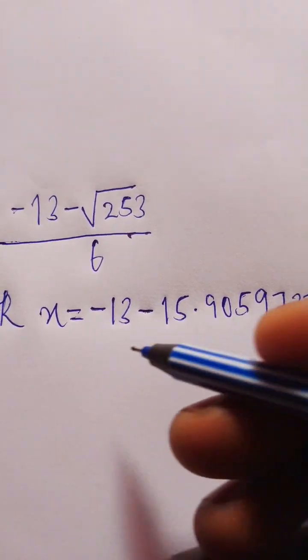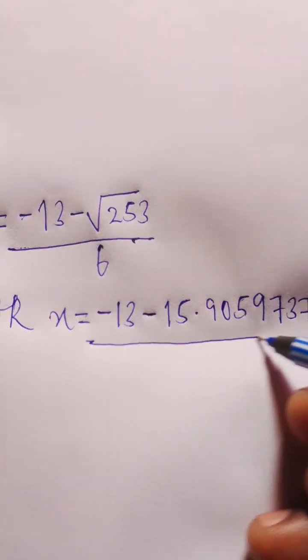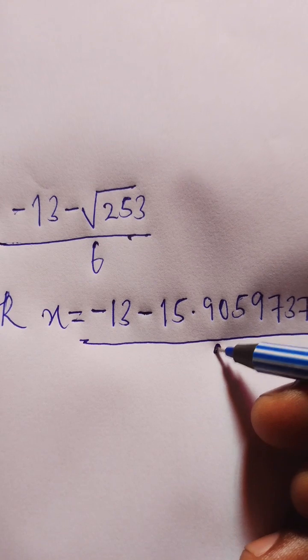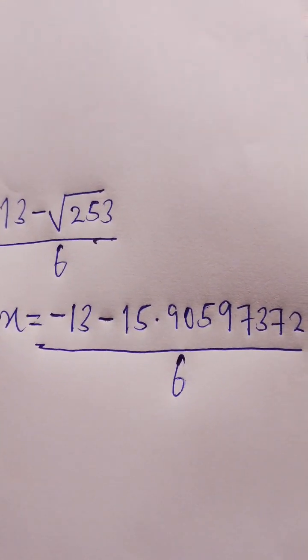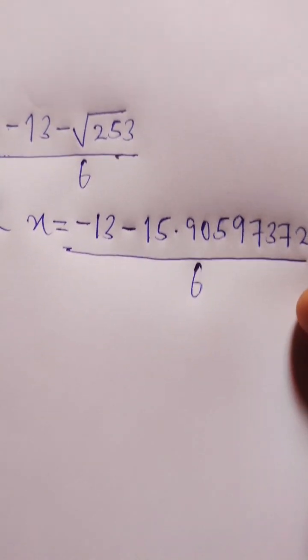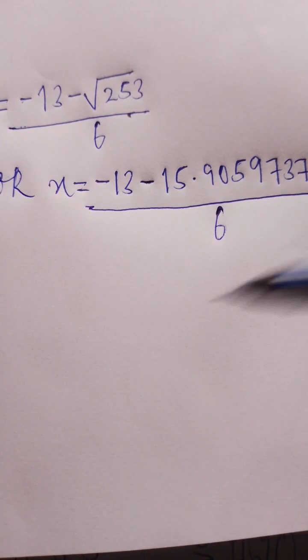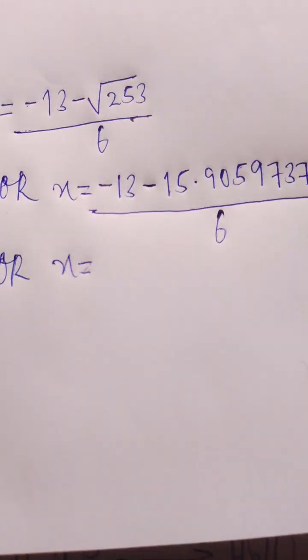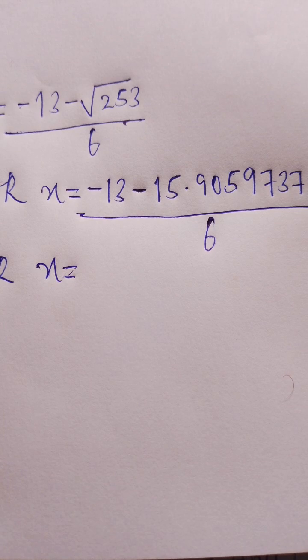This was over 6. Okay, let's work out this. We're going to say x is equal to negative 13 minus 15.90597273.